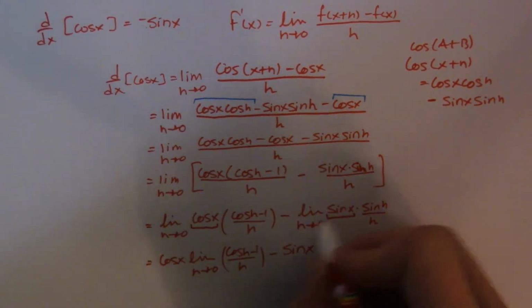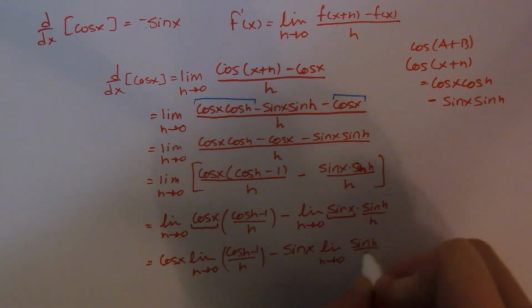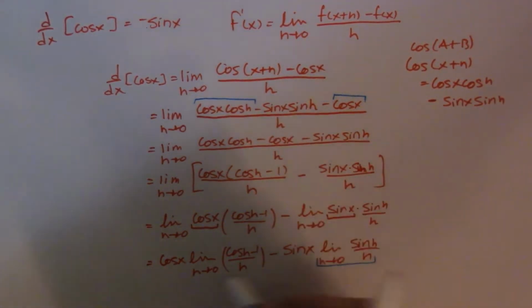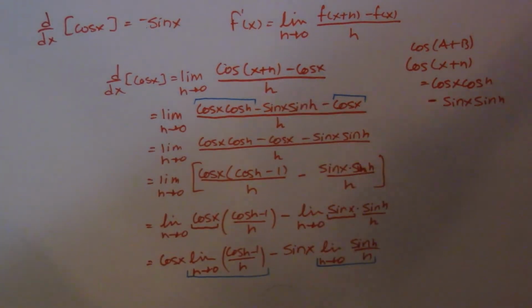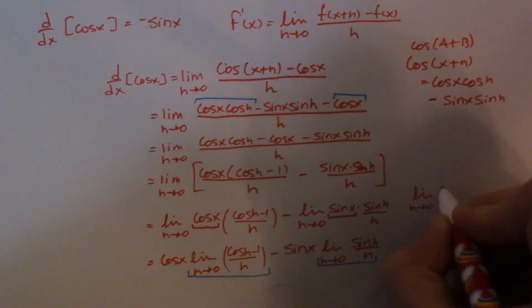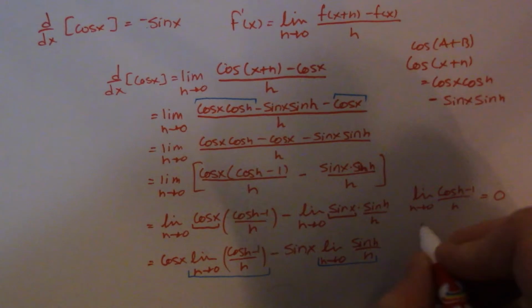So I took the sine out, took the cos out, and then I have the limit as h goes to 0 of sin h over h. These limits I know. The limit as h goes to 0 of cos h minus 1 over h is equal to 0.